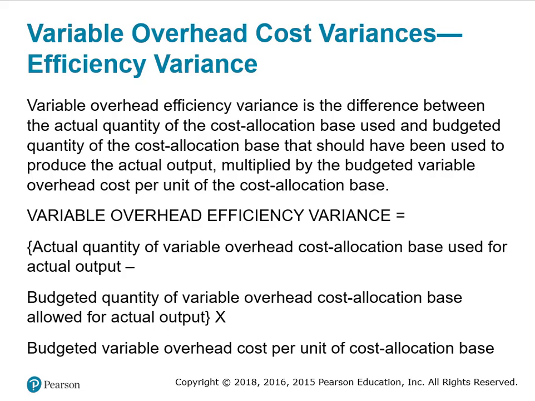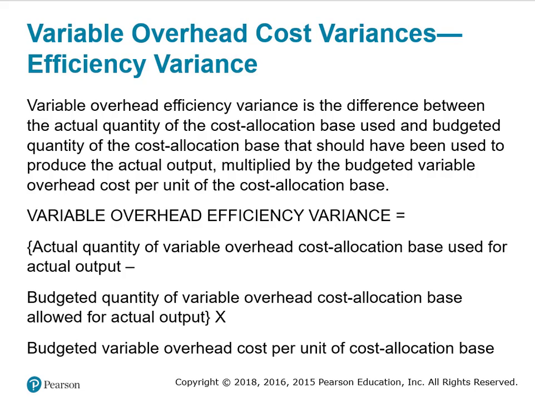On this slide, we see the formula for variable overhead efficiency variance, which is the difference between the actual quantity of the variable overhead cost allocation base used for actual output and the budgeted quantity of the variable overhead cost allocation base used for actual output, times the budgeted variable overhead cost of the cost allocation base. This is crazy, isn't it?